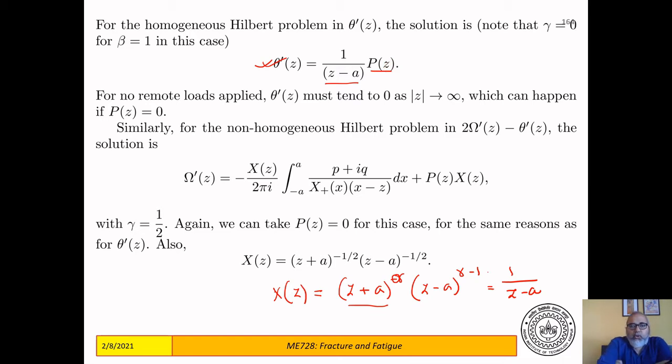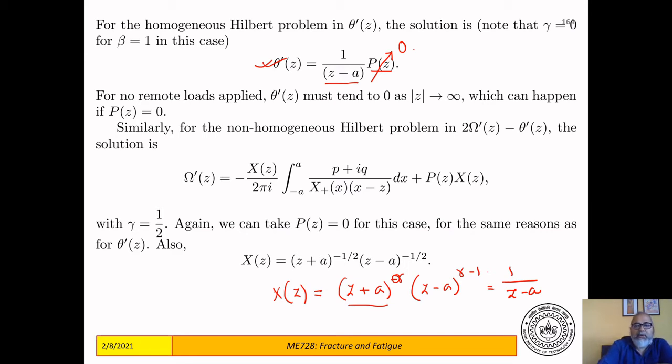Now, for no remote loads applied, the stresses should all go to 0, and theta prime(z) should also go to 0 as mod z goes to infinity, and that can happen only if P(z) is identically equal to 0. P(z), remember, is a polynomial in z, so for it to go to 0 as z tends to infinity, it has to be identically equal to 0.